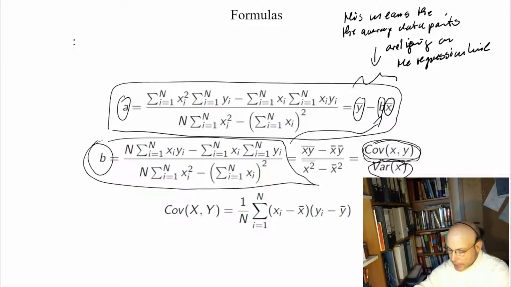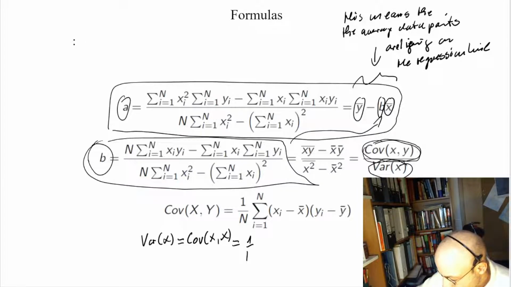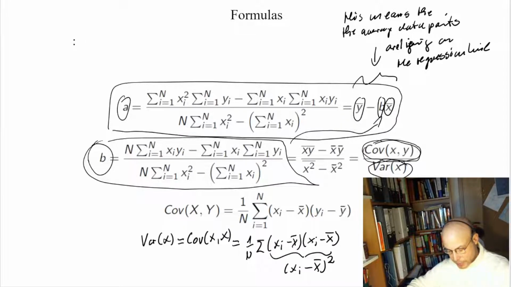So you can then, of course, say that the variance of x is nothing else than the general covariance of x and x, because then we could write 1 over n the sum of xi minus x bar times xi minus x bar, and this is nothing else than xi minus x bar squared.